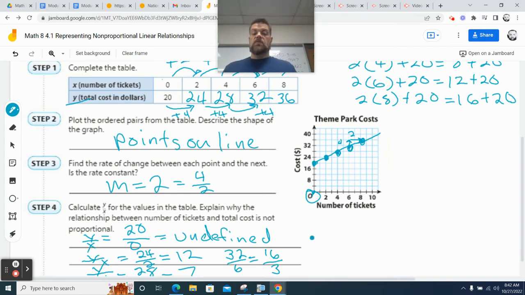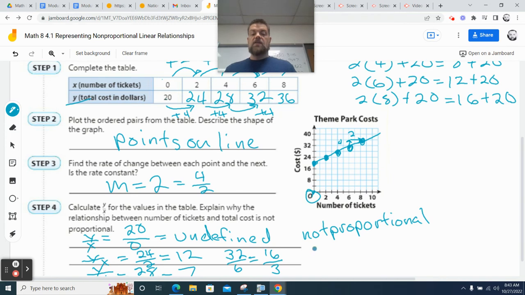And so you would say that it's not proportional because remember on the proportional one, these fractions all equal the same thing. So I want you to write it this way.